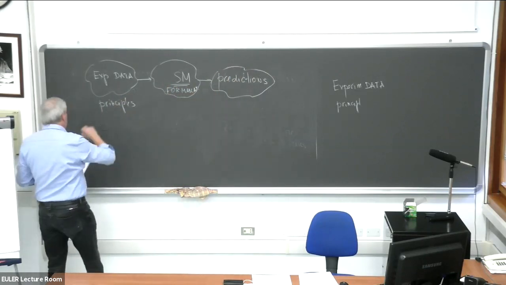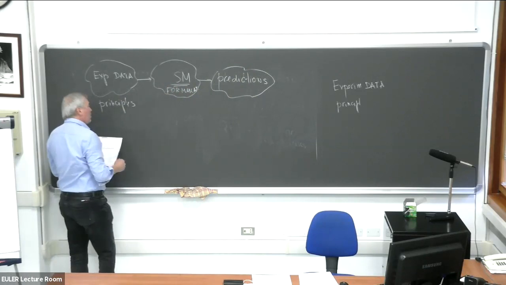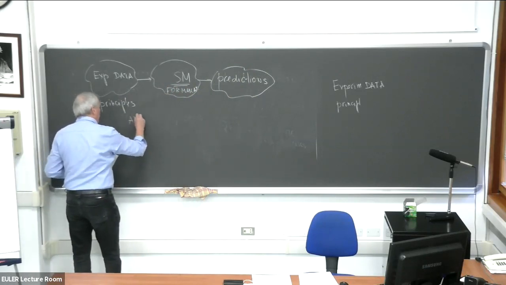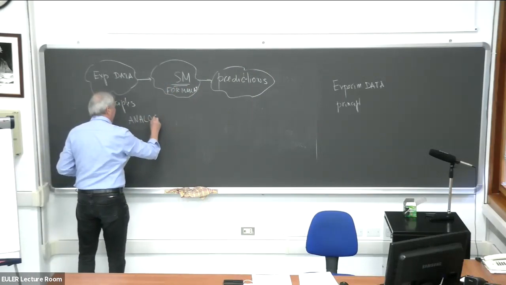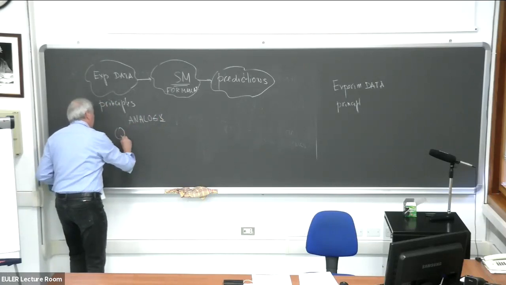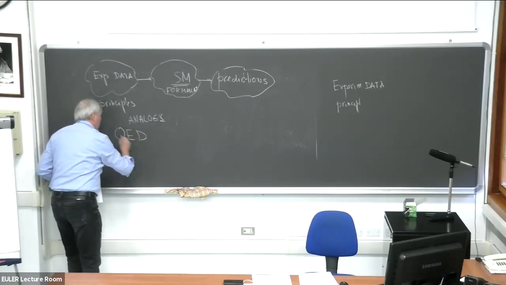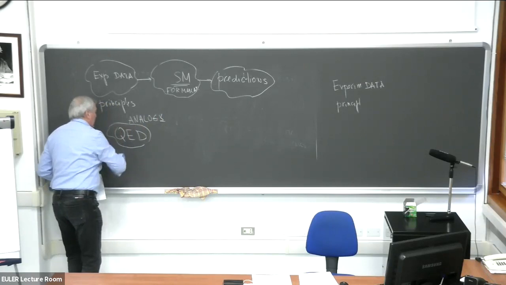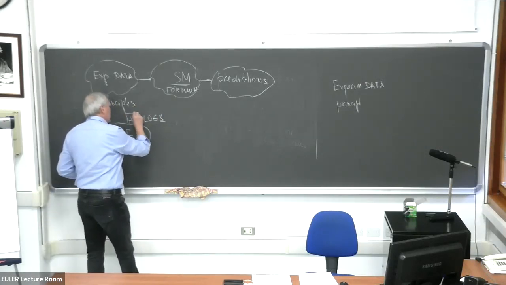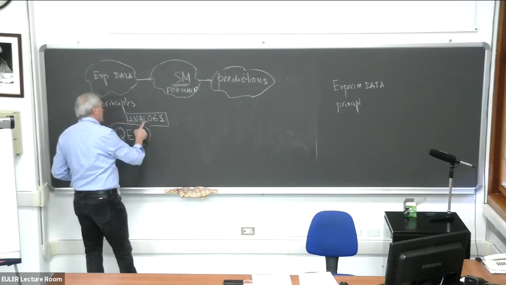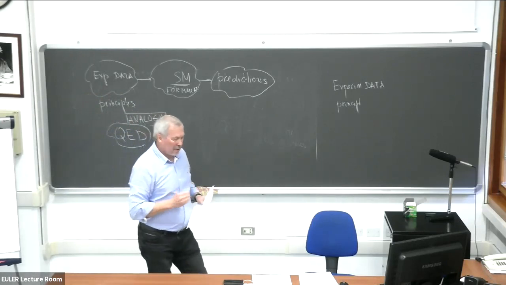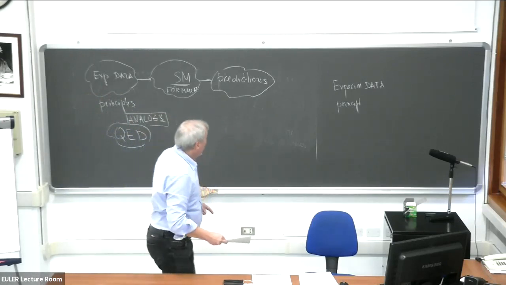So, constructing the standard model, one of the important principles is analogy, and first of all, analogy with quantum electrodynamics. You will have this course in parallel. So the construction of the standard model is heavily based on analogy with quantum electrodynamics, although there are some qualitative differences also.